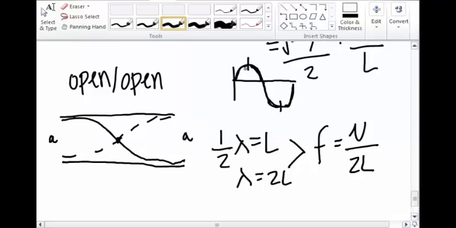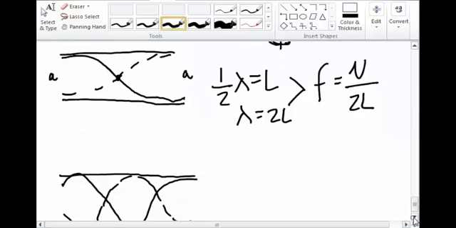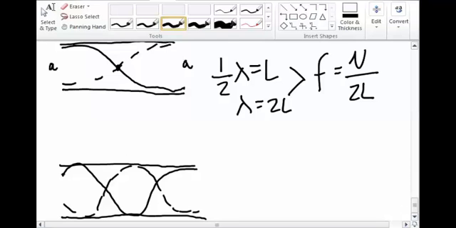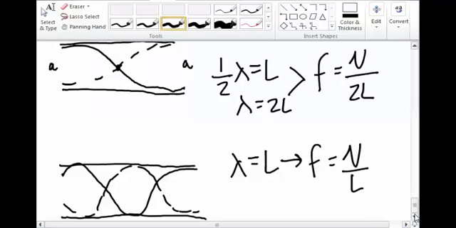If this is still 1 full wavelength, 1, yeah, because this would be 1/2, and then we have another 1/2 over here. Okay? Are we good with this? Okay. So our wavelength is equal to L, which makes our frequency equation V over L.